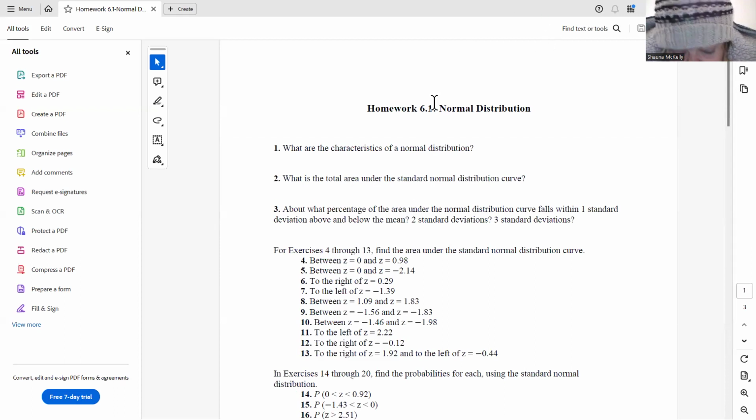So here, we're going to say this is 12. Find the area under the standard normal distribution curve to the right of z equals negative 0.12.